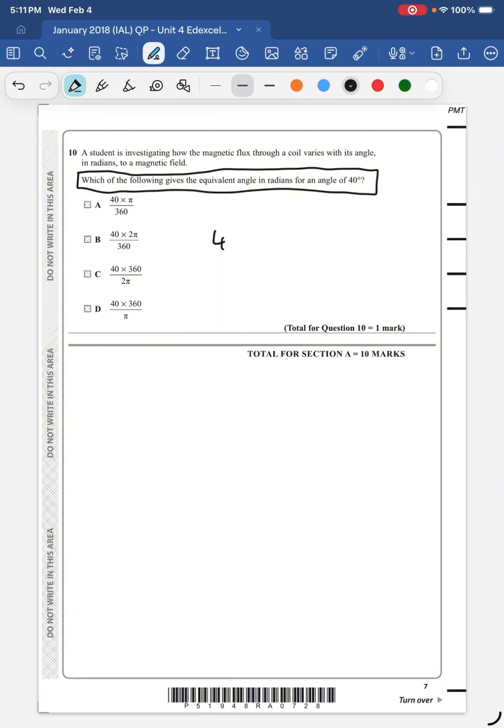So 40 degrees times pi over 180 degrees, pretty much. Do they have an option like that? No, they don't, but they have this one. So this is also equal to 40 degrees times 2 pi over 360 degrees.